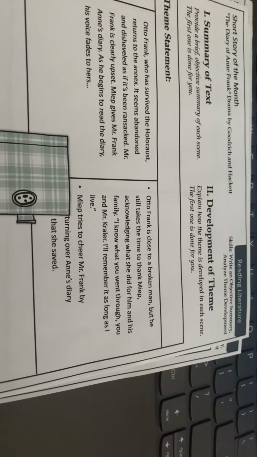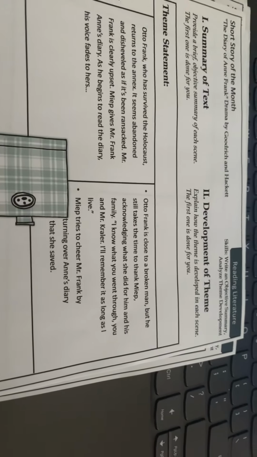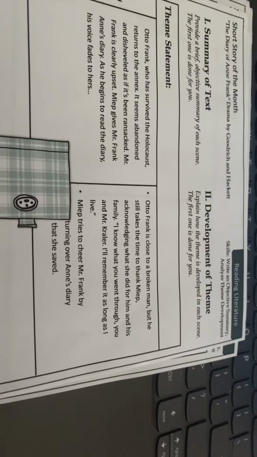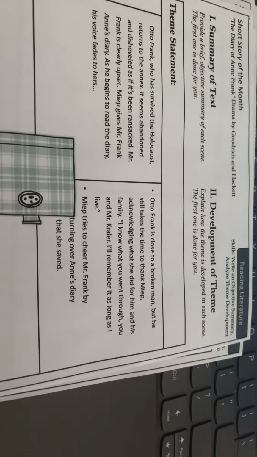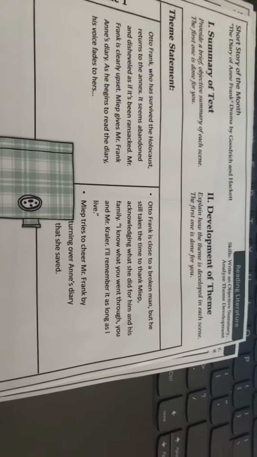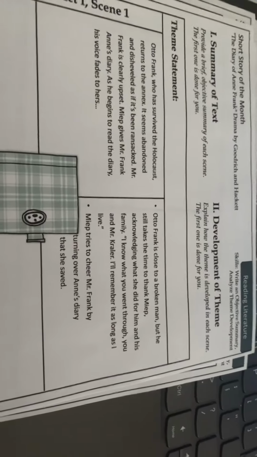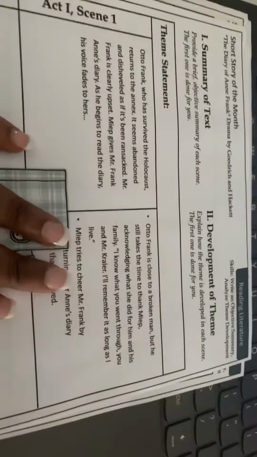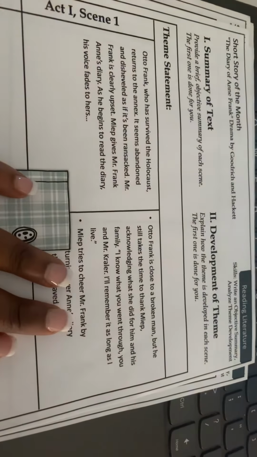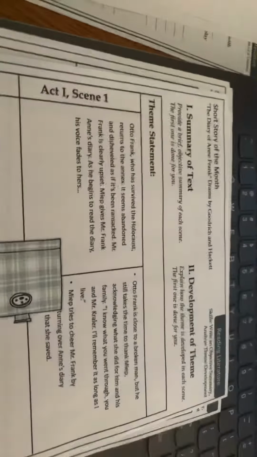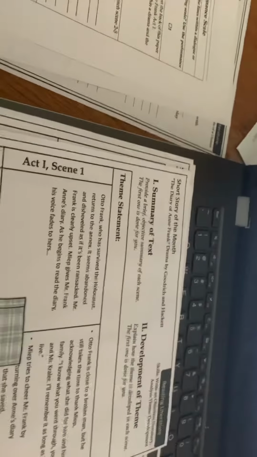"I know what you went through, you and Mr. Kraler. I'll remember it as long as I live." Miep tries to cheer Mr. Frank by turning over Anne's diary that she saved. So that's the explanation.